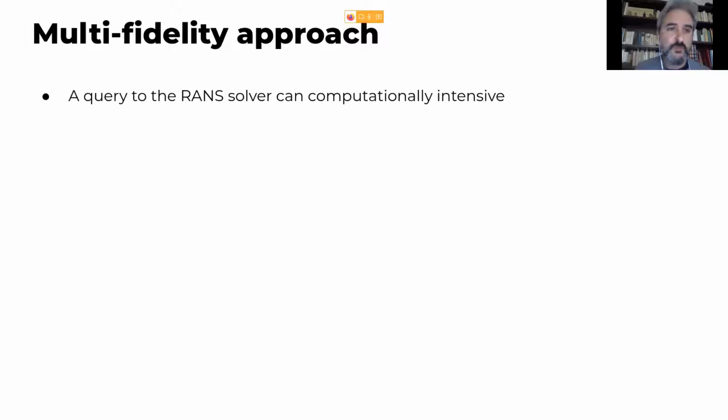And of course, we want to do this in a multi-fidelity way. Why? Because each sample requires solving an unsteady Navier-Stokes equation, which is, by the way, also a free surface Navier-Stokes problem.